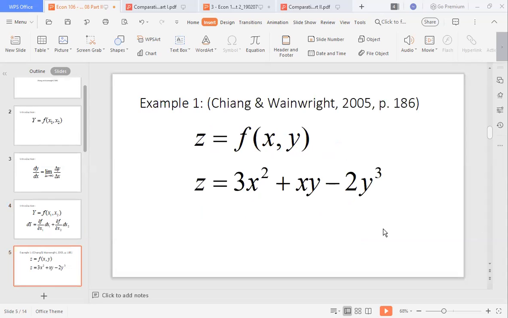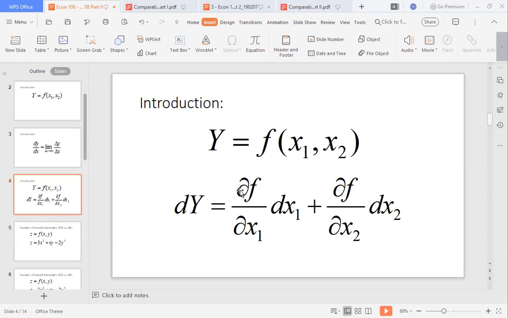Okay, so when you are getting total differential, I keep repeating this, but it is important: you are getting the total change on your dependent variable. That is, partial f, partial x sub 1 multiplied by the change in x sub 1 plus partial f, partial x sub 2 multiplied by the change of x sub 2.